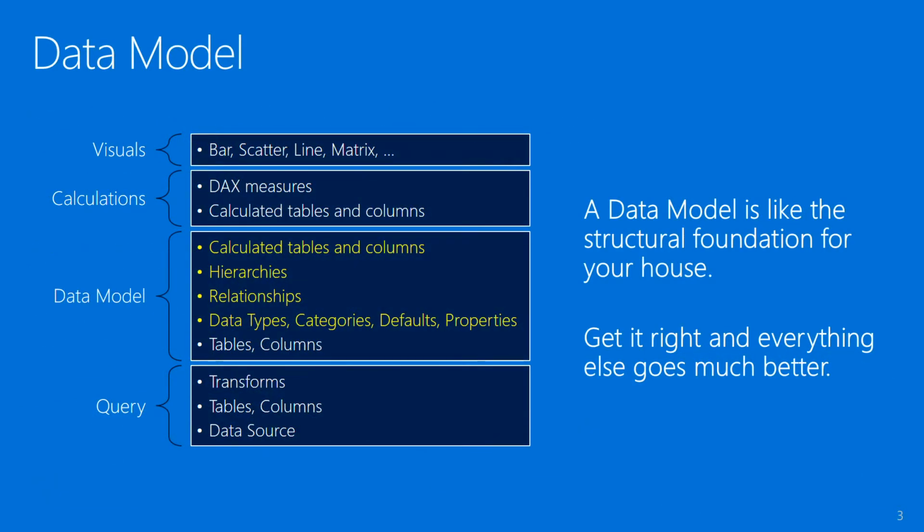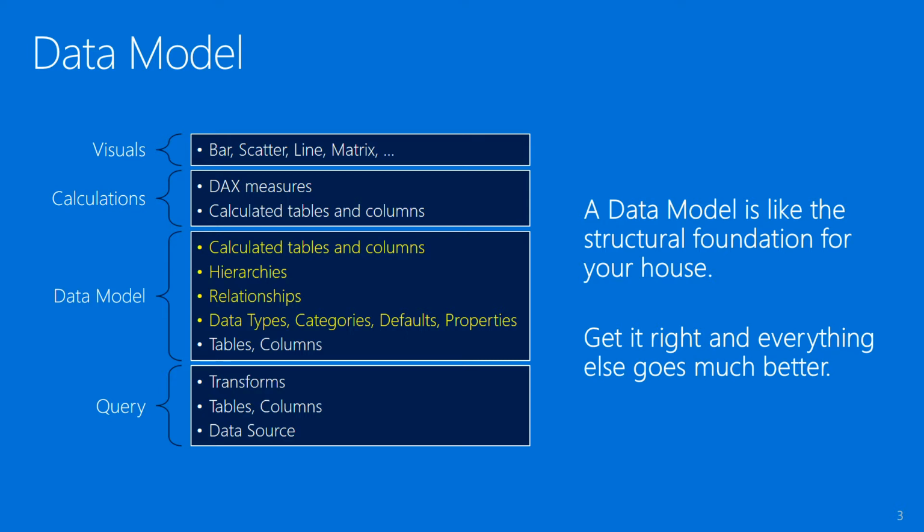The first question you might ask is, what do we mean when we talk about a data model? It's clear in some people's minds, but not so clear in others. So when we talk about data model, there's things that the query brings into the model, and they include tables and columns, and you do a bunch of transforms, and you land in the model with some tables and columns, and at the top end, you have things like calculated columns or calculated tables.